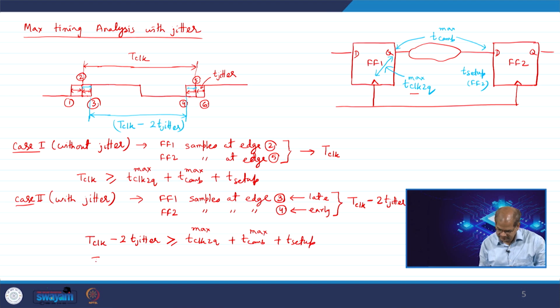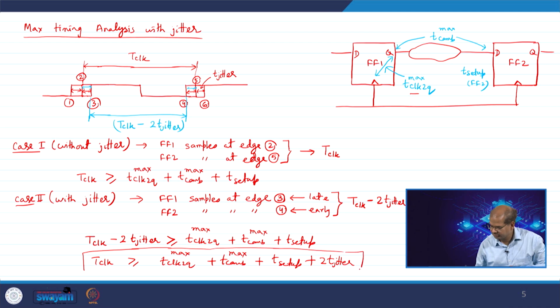In the other form, T clock should be greater than or equal to T clock to Q maximum plus T combinational maximum plus T setup plus 2 T jitter. So, this is my new equation.